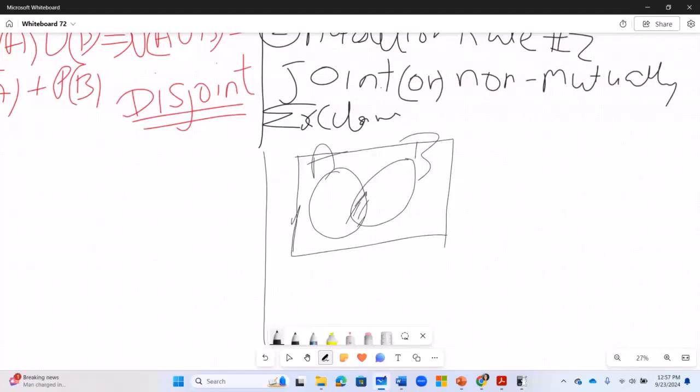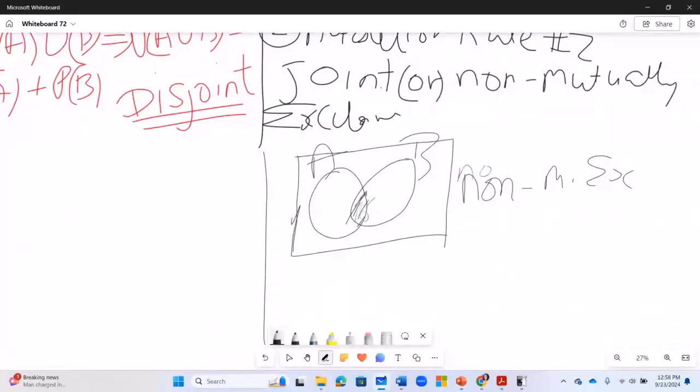So these are non-mutually exclusive, and we can already see their intersection in the Venn diagram. Non-mutually exclusive events are called joint events, and they fall under probability rule number 2.